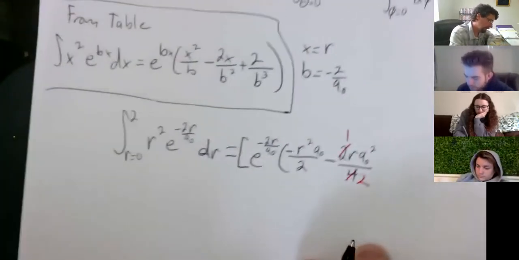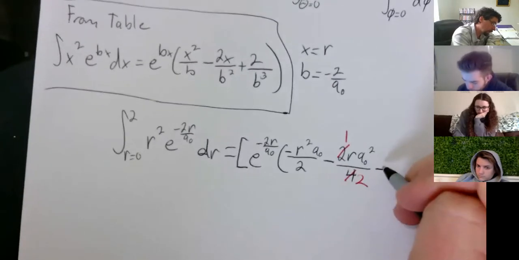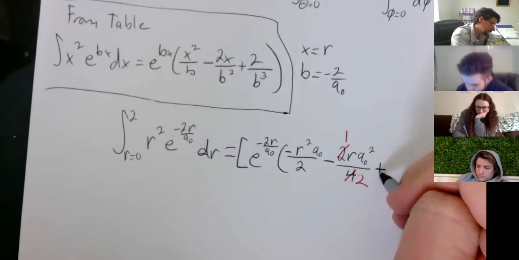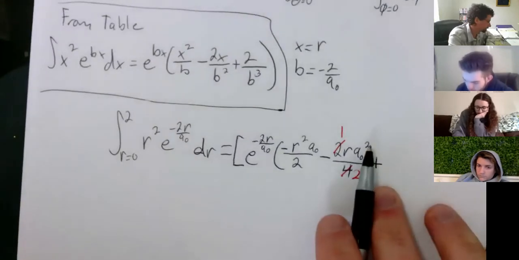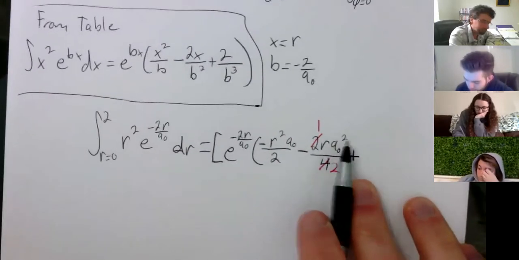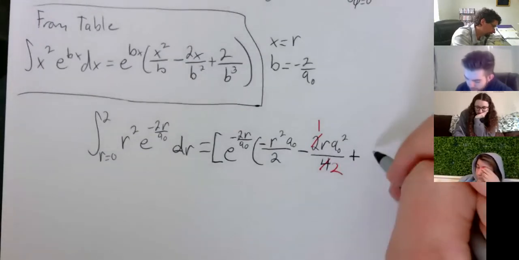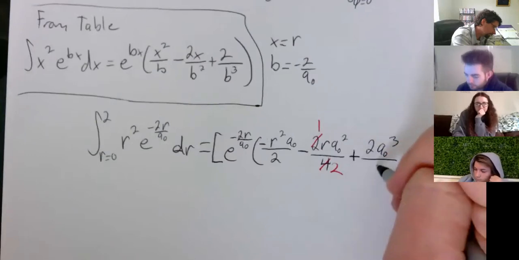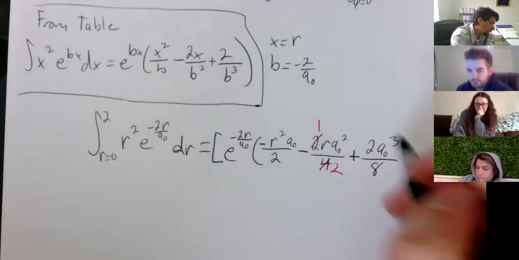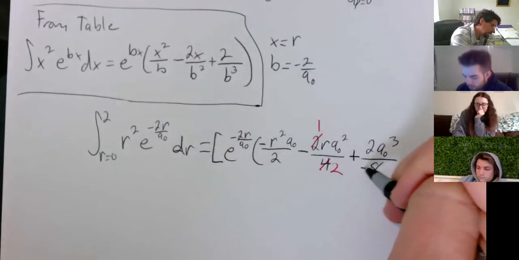And plus, what's going to be the next term? 2 times A naught cubed divided by 8, or negative 8. Yep, it should be a negative 8.